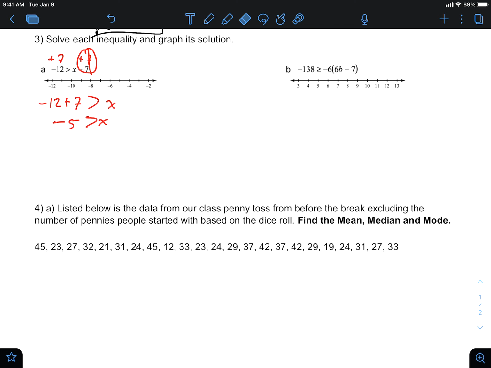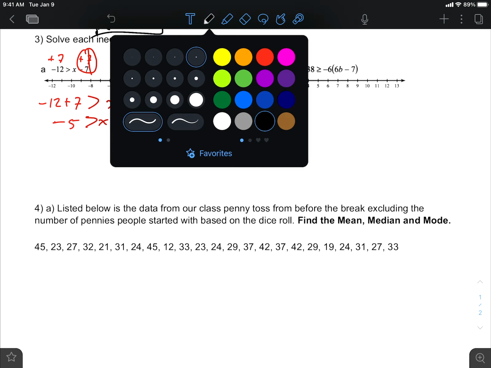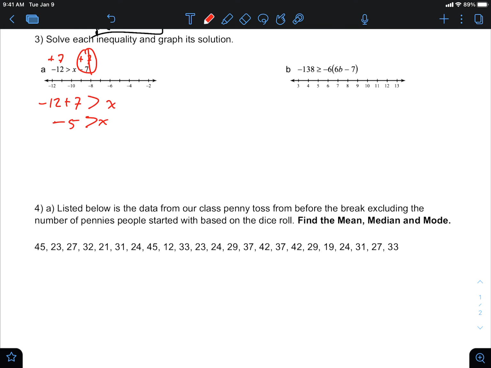So I'd stand at the variable and it says x has to be less than negative 5. All right. So then you go onto your graph. You know x has to be less than negative 5. So all values less than negative 5. And this is the second part to this question. Here's negative 5 here.